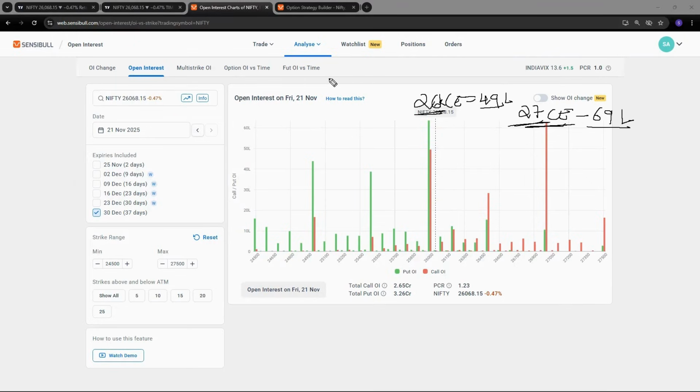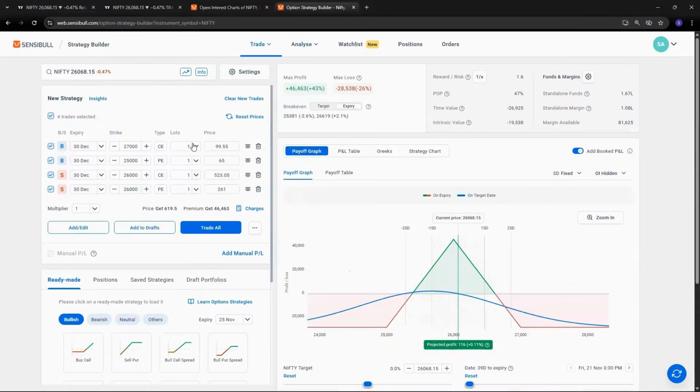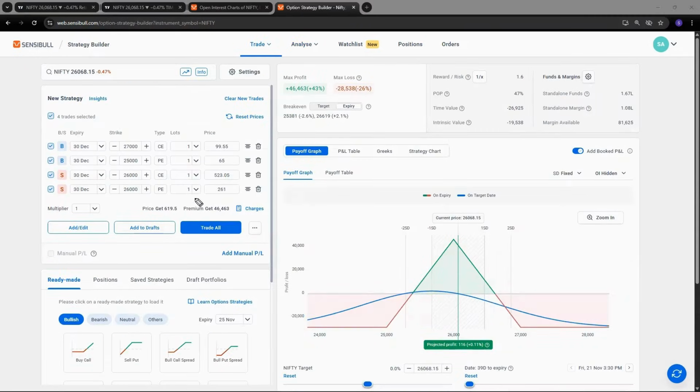What did we understand? The number of contracts is uneven now. Suppose they're creating one strangle here. This is a different kind of analysis. If you're creating a strangle, again, one call option and one put option.